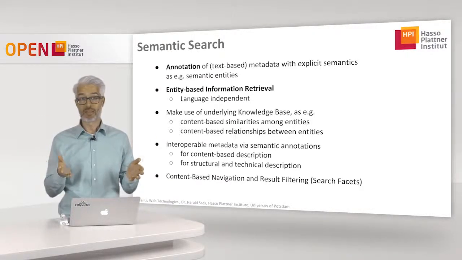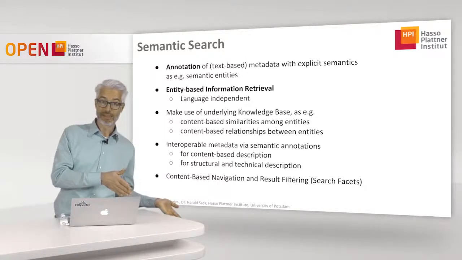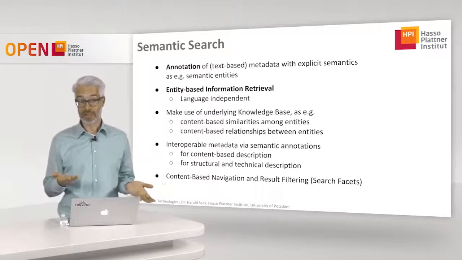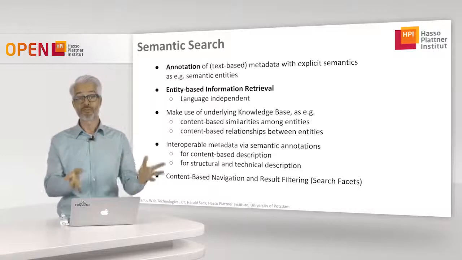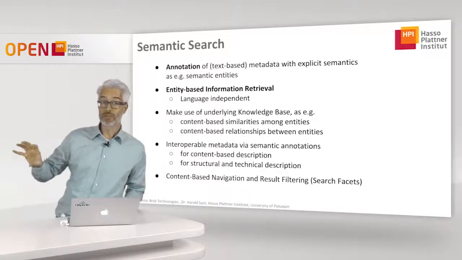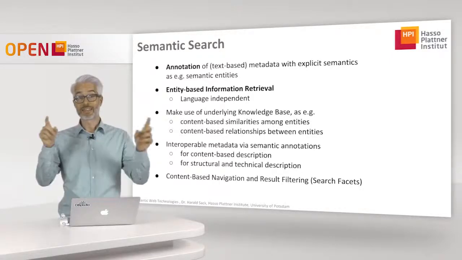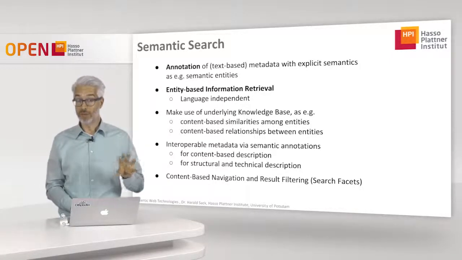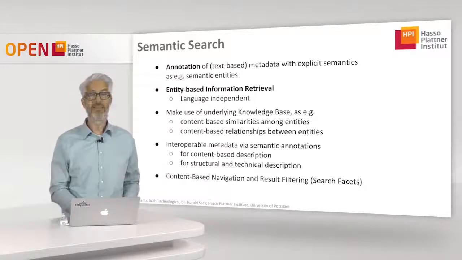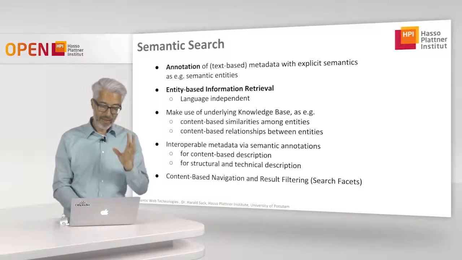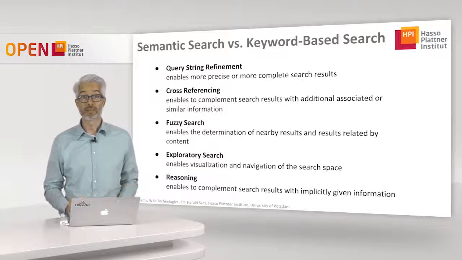For example, you can distinguish between photographs and, let's say, sketches and something like that. So this is often possible. So this would be a search facet that filters your result. And these filters could also be based on the content of the document, not only on technical or structural things, really on the content. So this would enable content-based navigation. So these are things that are tried to be achieved with semantic search.